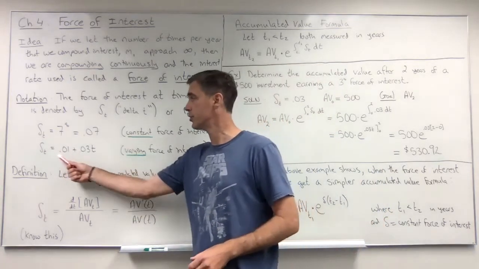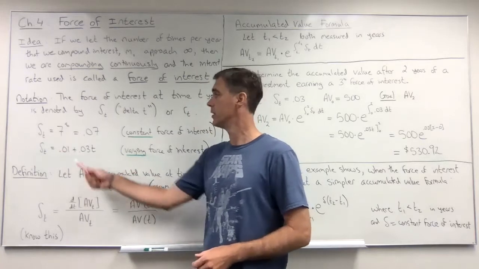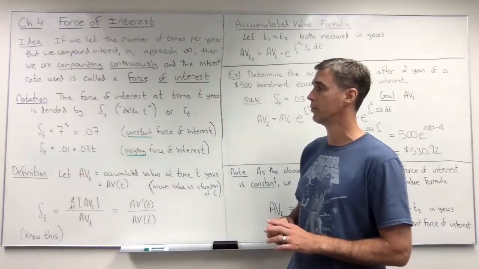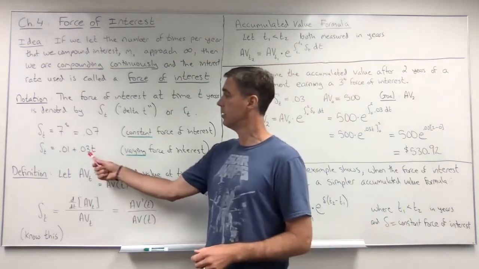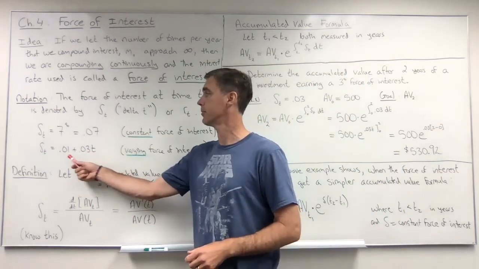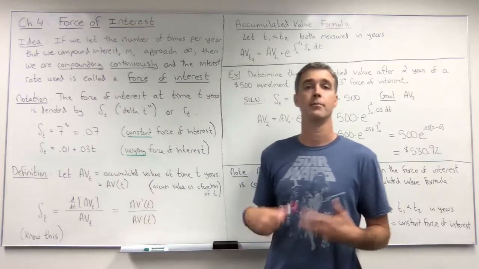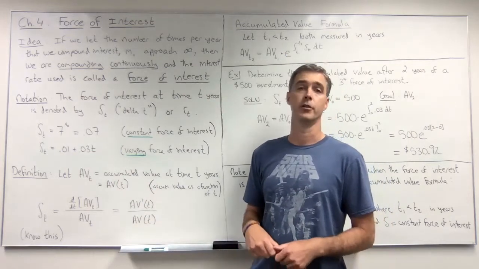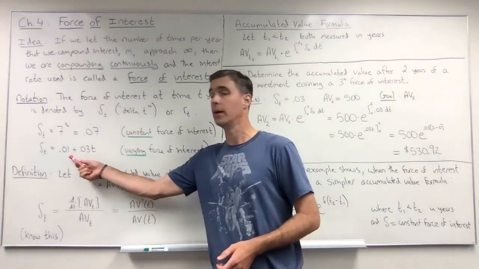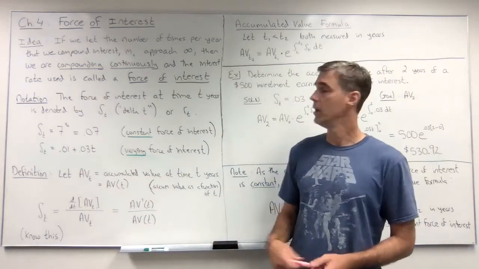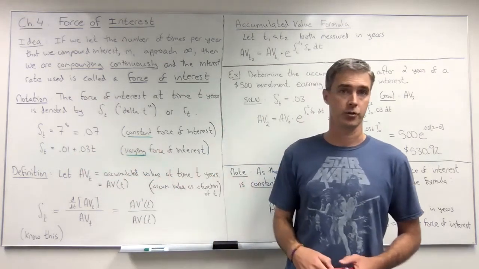So our force of interest could be a function of time, such as 0.01 plus 0.03 times t. So at time t equals 2, I get 0.03 times 2 is 0.06, plus 0.01 is 0.07. So at time t equals 2, the force of interest would be 7%. At time t equals 3, though, it would be up to 10%. So that would be called a varying force of interest.